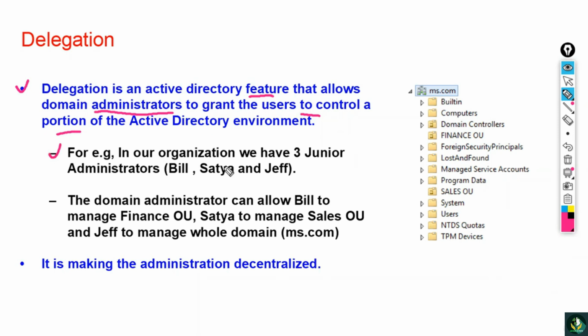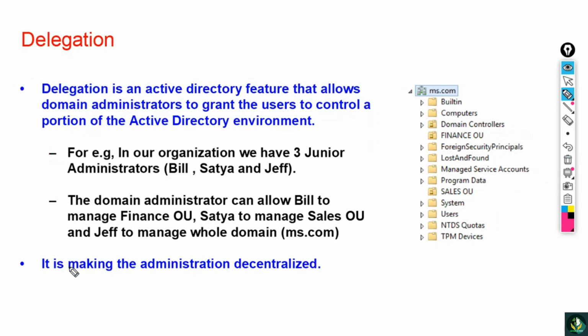For example, in our organization, we have 3 administrators, Bill, Satya, and Jeff. The domain administrator can allow Bill to manage only the finance OU, and Satya can manage the sales OU. And we can allow Jeff to manage the whole domain.